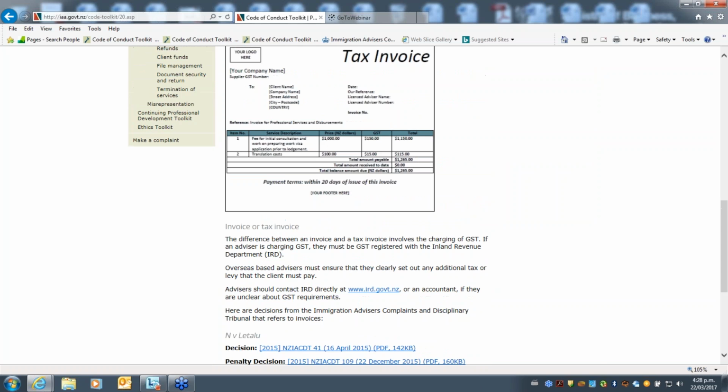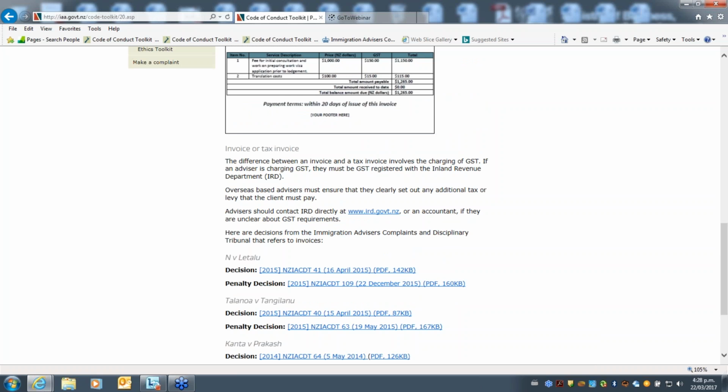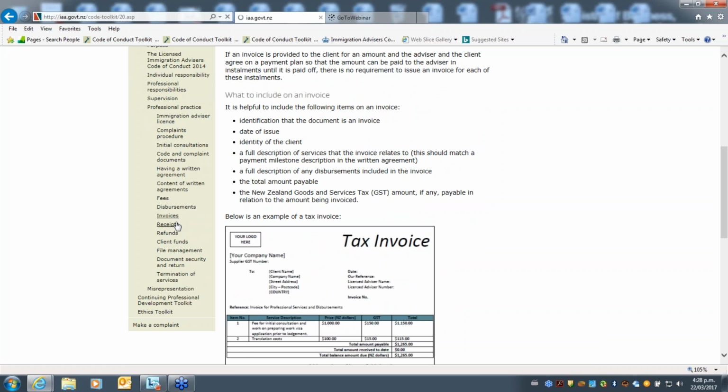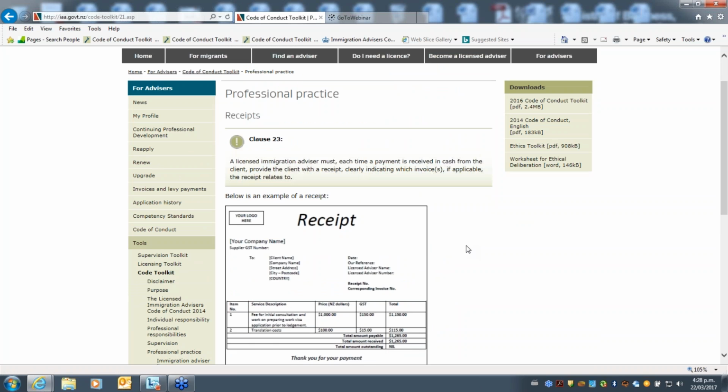I won't go into this in any more detail, but you're welcome to come back to it. You're only required to provide a receipt if the payment is in cash, on the basis that other payments have a transaction record attached to them, if it's electronic, for example.